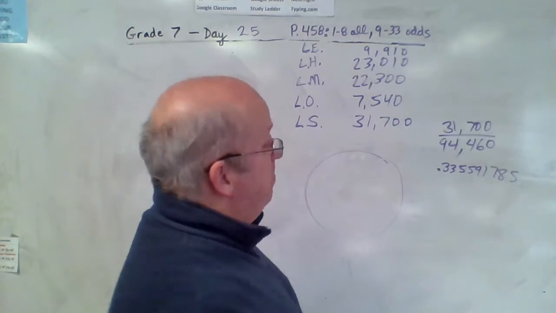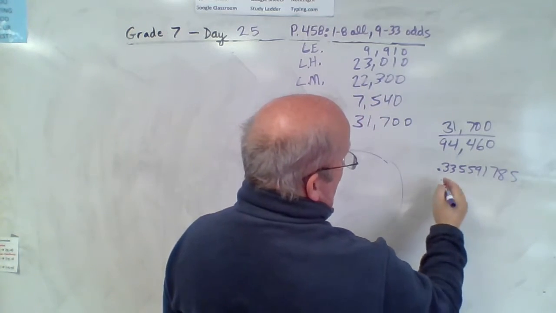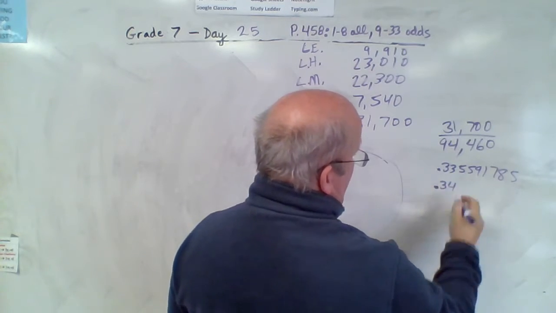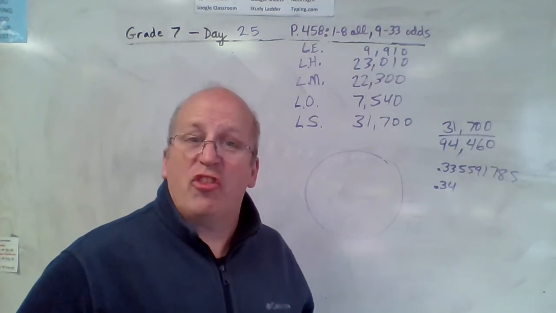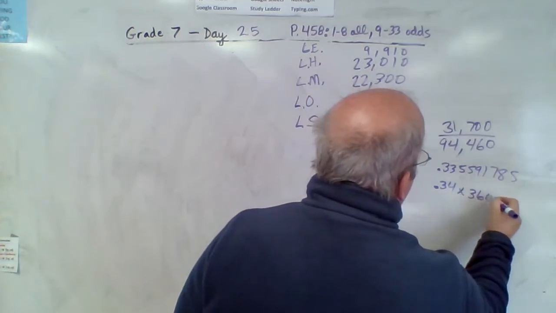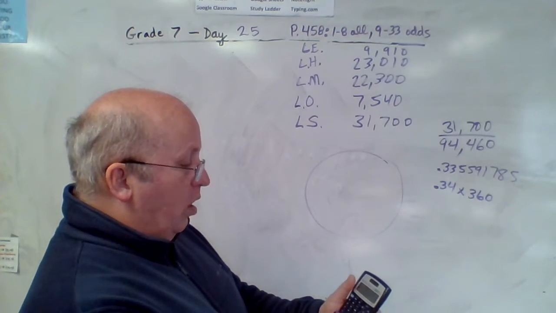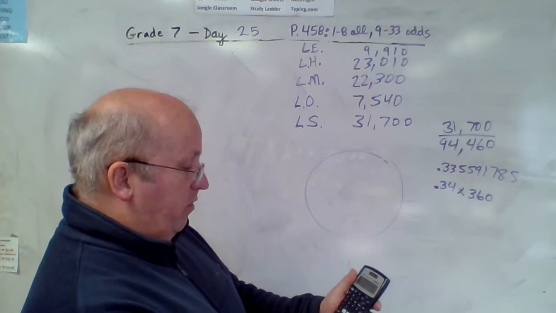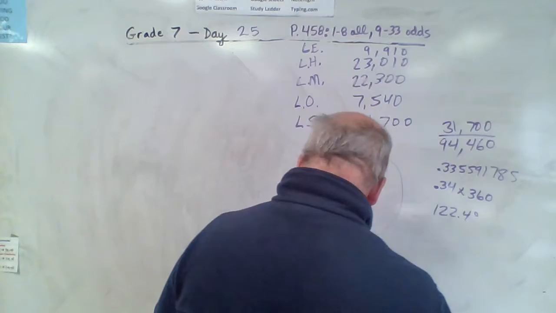I would then round it to the nearest hundredths, 0.34. Finally, we know that a circle is 360 degrees, so I would take this number times 360, because we're talking about 0.34 of 360 degrees, and I'd get 122.4 degrees.